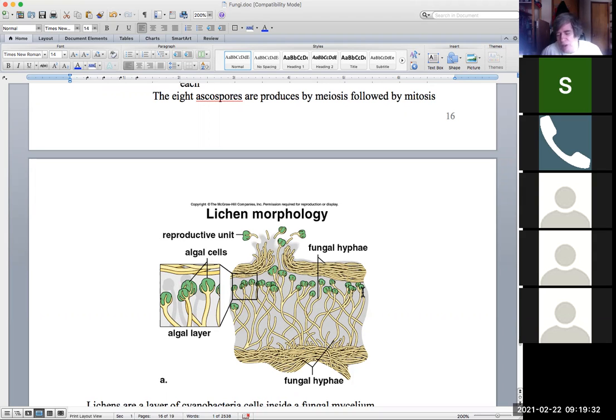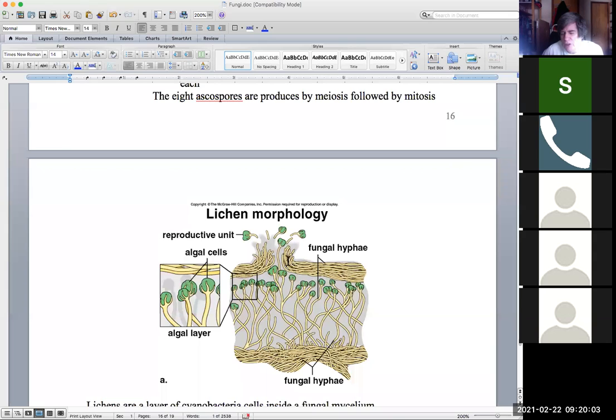So notice this is a good example of something we've talked about on several occasions before, symbiosis. In symbiosis, we have 2 organisms living together and they cooperate with each other. So we talked about endosymbiosis, how mitochondria and chloroplasts evolved. This is not endosymbiosis because one cell isn't living inside another. So endosymbiosis, one cell has to live inside a different cell.